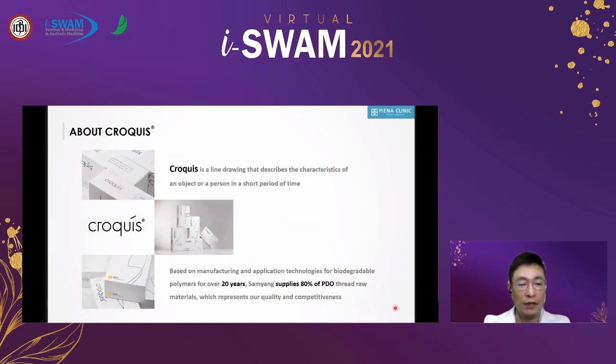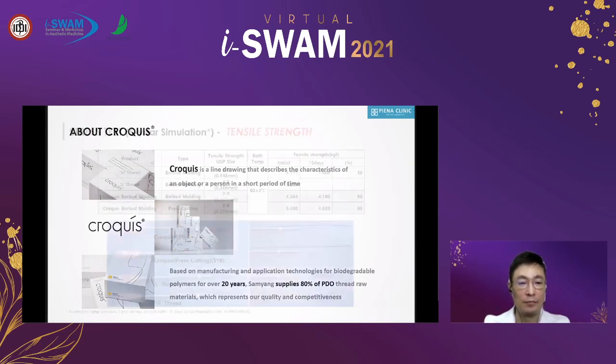However, Croquis, the thread product which is the topic of today, is the most fundamental and well-made PDO thread, made by Samyang company. Samyang has been professionally researching and developing raw materials for PDO sutures for a long time, so about 80% of all PDO threads on the global market are made from raw materials supplied by Samyang.